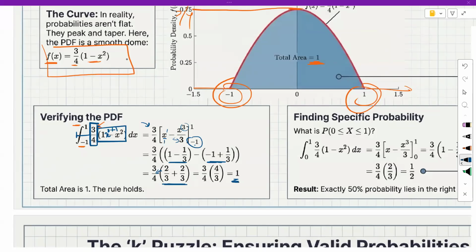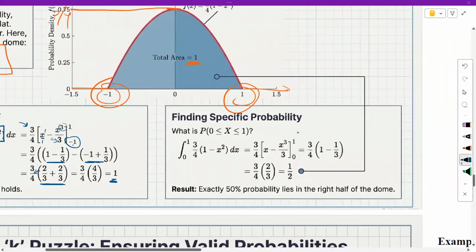When we solve this, we get exactly 1. The area under this curve is 1, so this function satisfies the probability requirement.